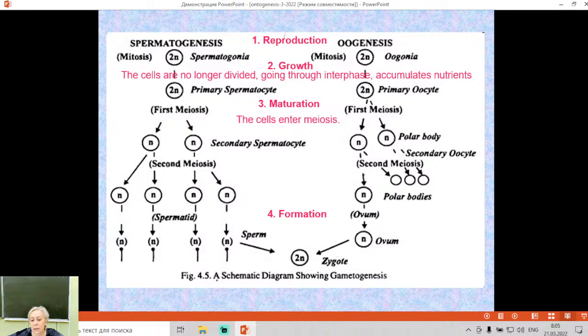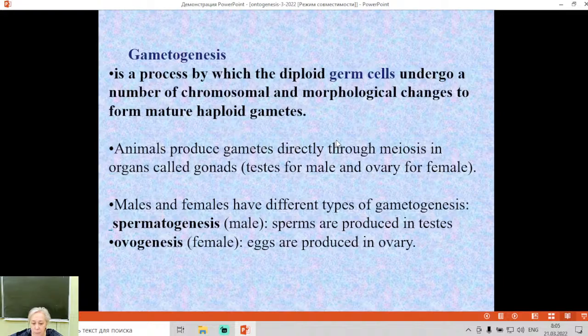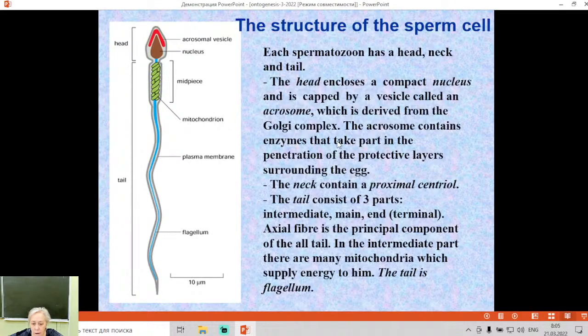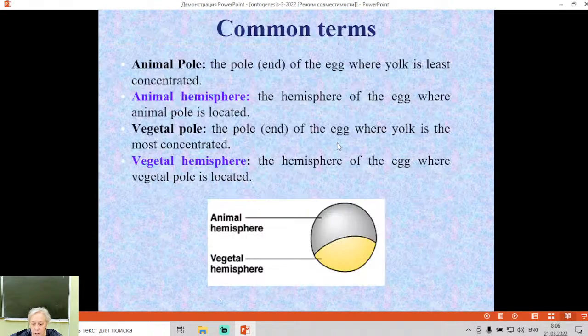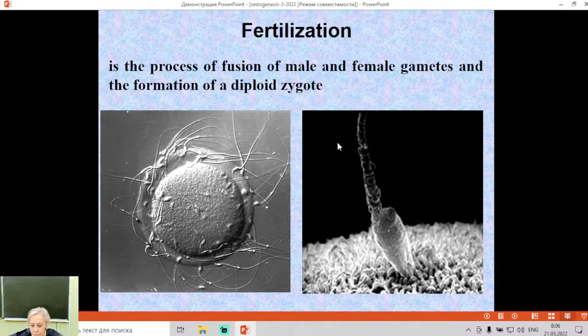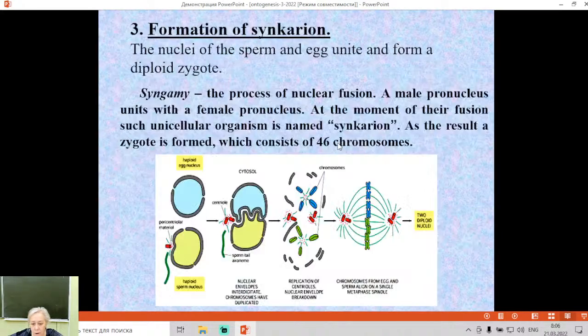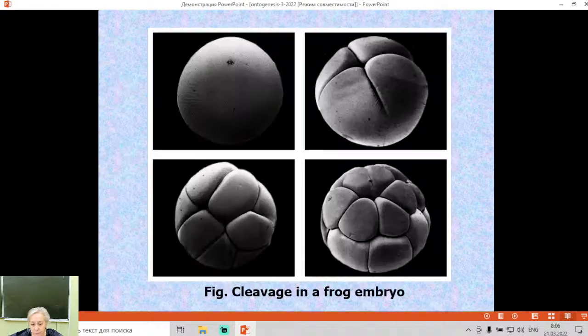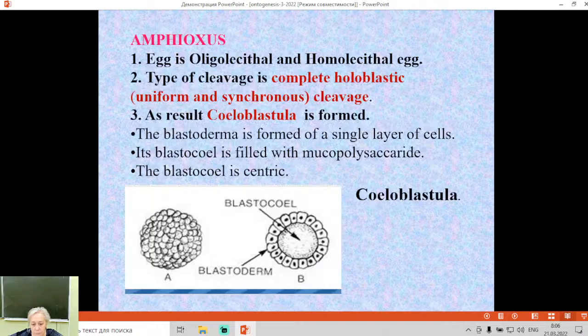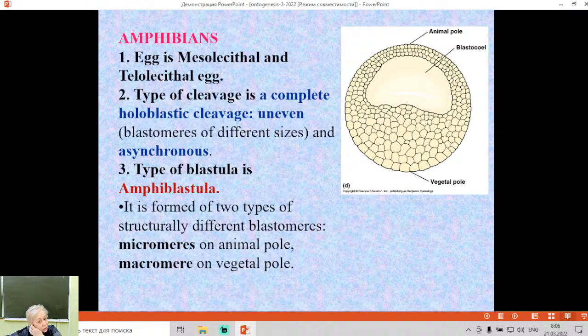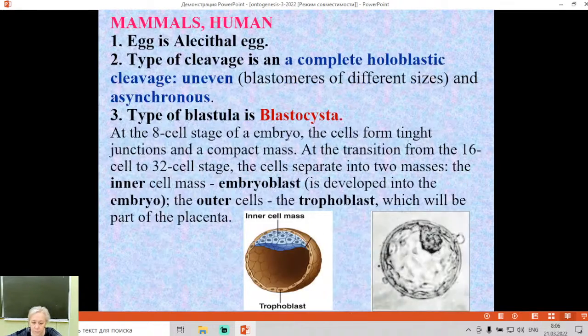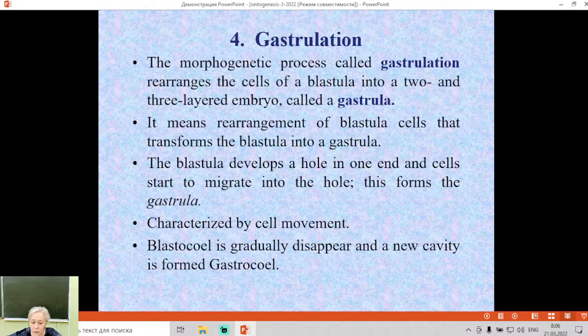In the last lecture, we considered the question about spermatogenesis, ovogenesis, fertilization, cleavage, meroblastic and holoblastic cleavage, and gastrulation.